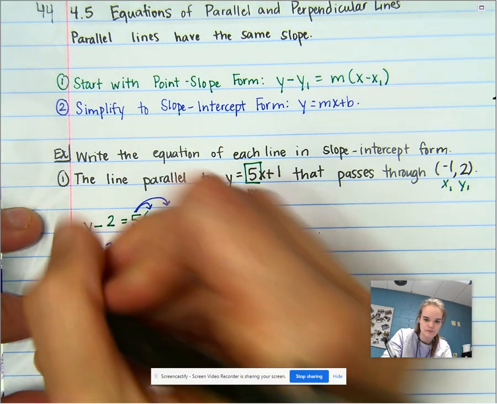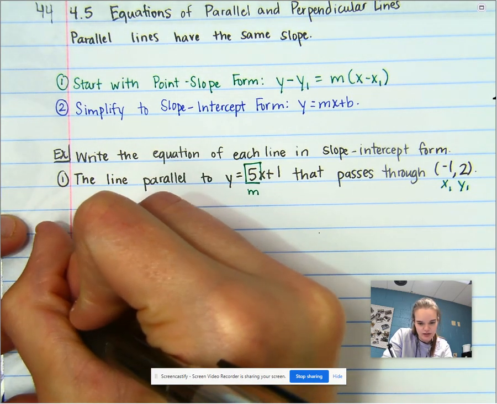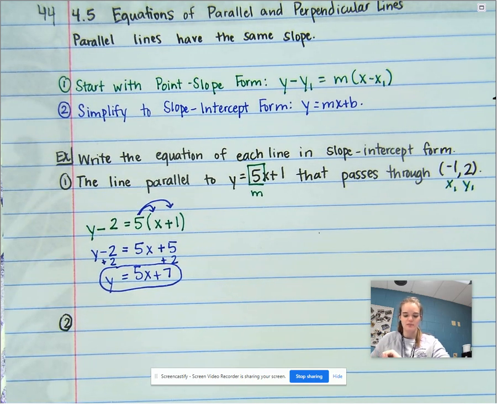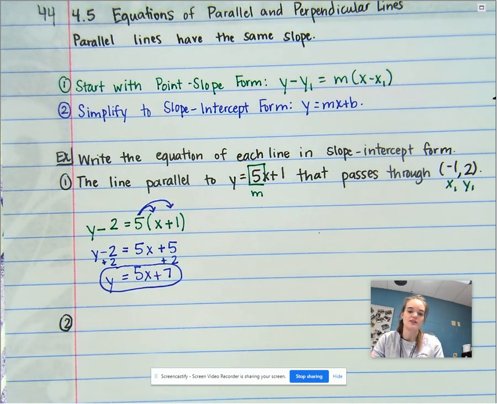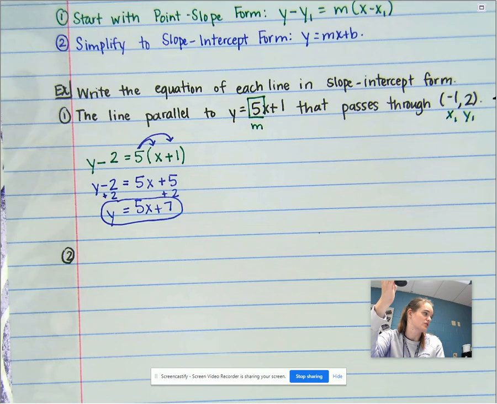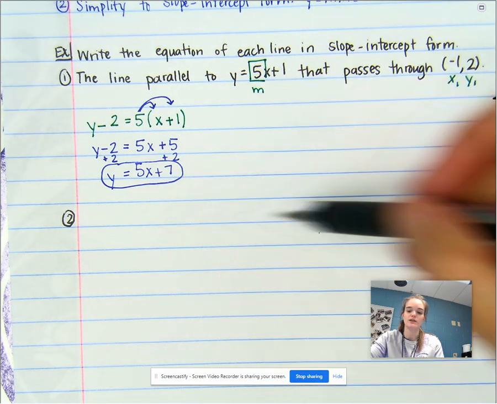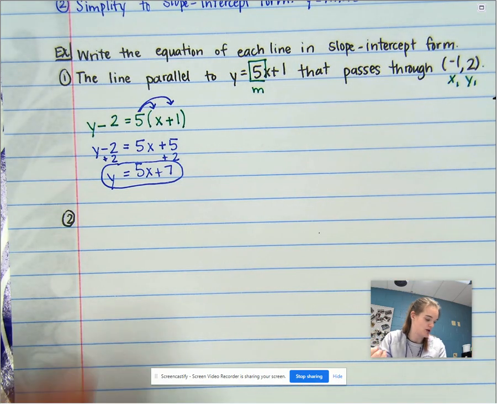Number 2. At any point during this, when I finish one, it's a good idea to pause and try this on your own after I've written the instructions, okay? I'm not going to tell you, hey, pause now and do this one. Anytime I get to the end of a problem, I'm going to write the new problem, pause it, try it on your own.